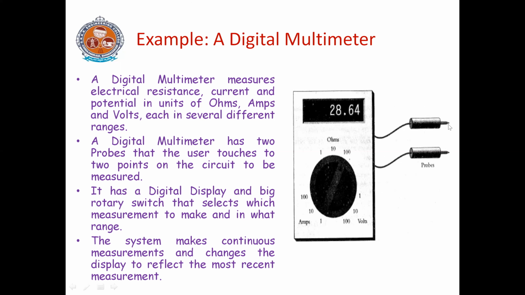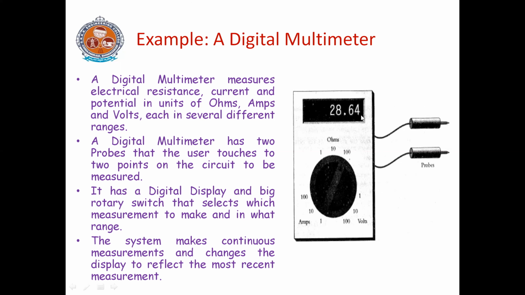Once it has been touched, you have a digital display. Whenever the two probes touch the circuit, for example if you want the electrical resistance, the electrical resistance will be displayed.